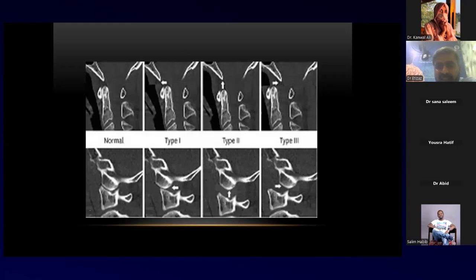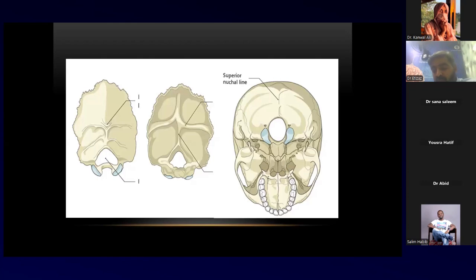We have seen posterior, vertical, and anterior dislocation. Suppose there is a bilateral ligamentous injury, a type 2 cranio-occipitocervical dislocation, which shows instability.